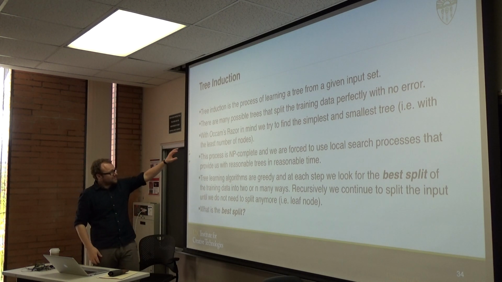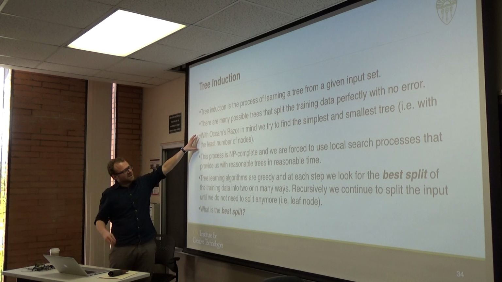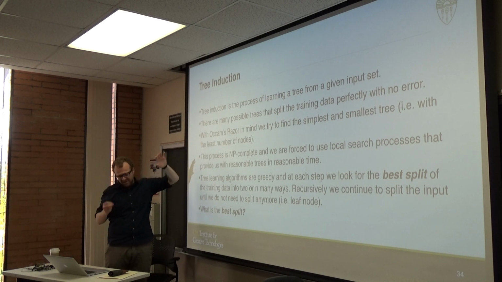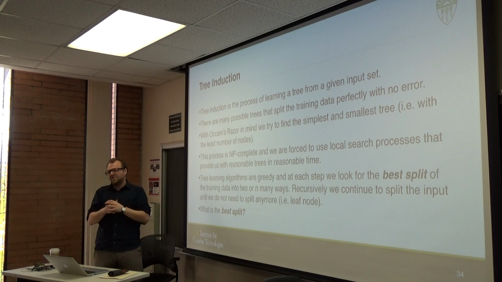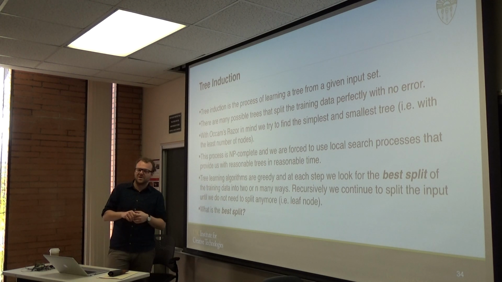But one of the things that we want to keep in mind again is we don't want the tree to be too large. So you can always come up with a solution where the tree makes zero errors on your data set, unless maybe 2 data points that are exactly equal have 2 different labels, but that hopefully doesn't happen.